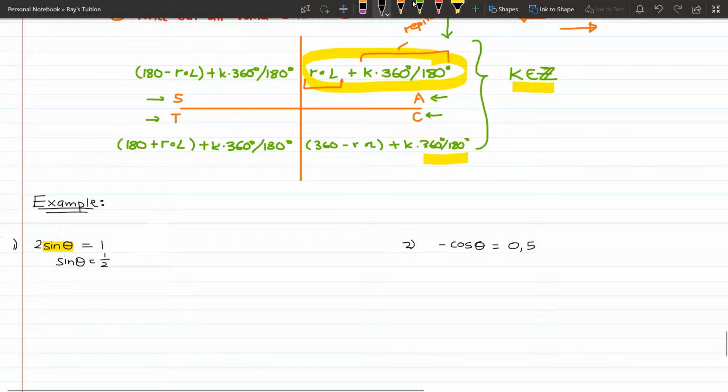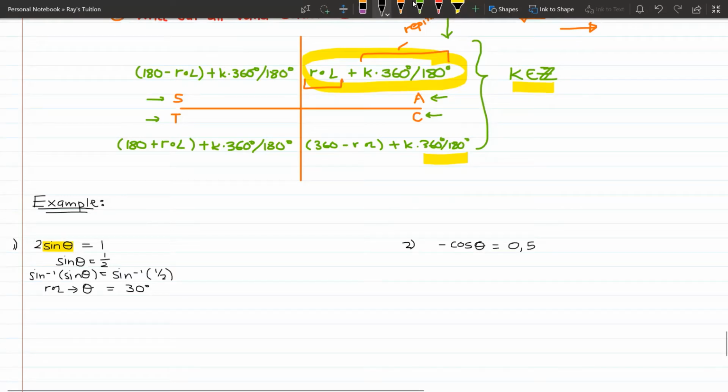The next step is the one that we've spoken about in our previous video, how to get the angle. So we take the inverse ratio on both sides. So that is sine to the power of negative 1 of a half. And then what we get, theta, which we call our reference angle, is equal to 30 degrees.